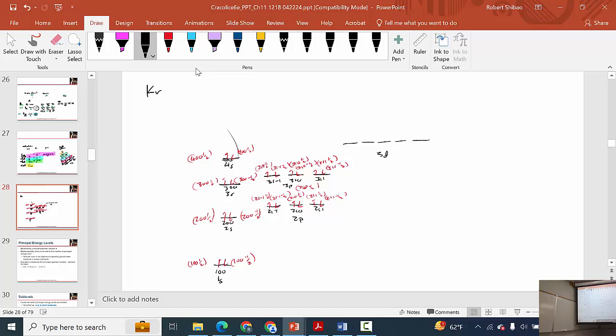3d, what are the quantum numbers for the 3d orbitals? 3, 2, negative 2. All right. And 3, 2, negative 1. 3, 2, 0. 3, 2, 1. 3, 2, 2.